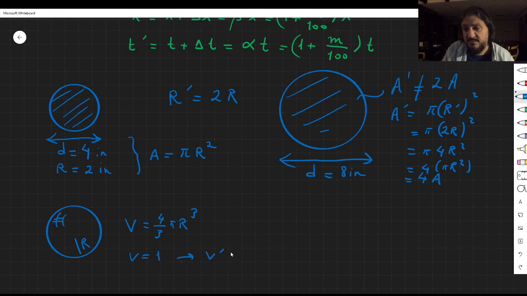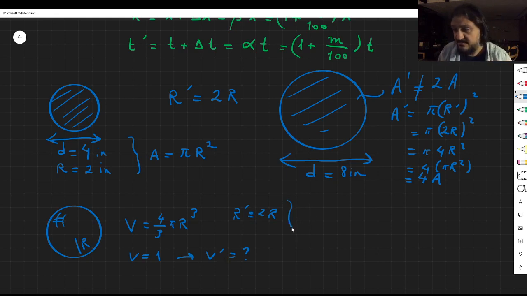What will be V prime? Now I don't have to tell you what r is. R can be found using this formula, of course, but let's say you don't know what r is. You just know that r prime is equal to 2r. You have a change in the volume. So what is V prime now?